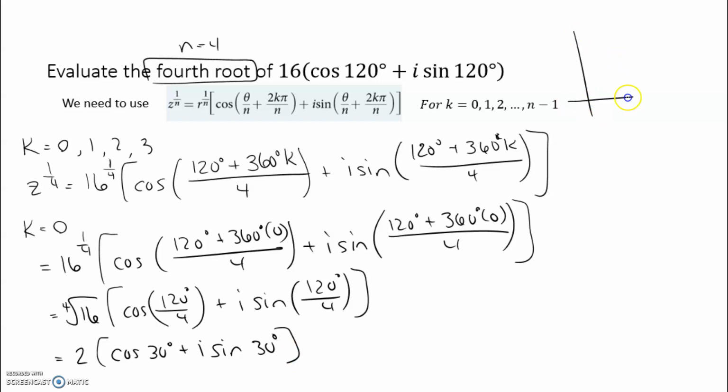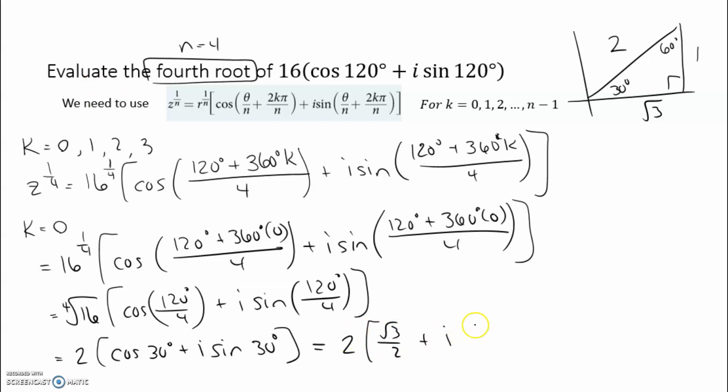Okay, well, if this is 30, this is 60, this is 90, this is square root of 3, this is 1, this is 2. Okay, this will be 2, and then cosine of 30 would be square root of 3 over 2, plus i, and then sine of 30 would be 1/2.